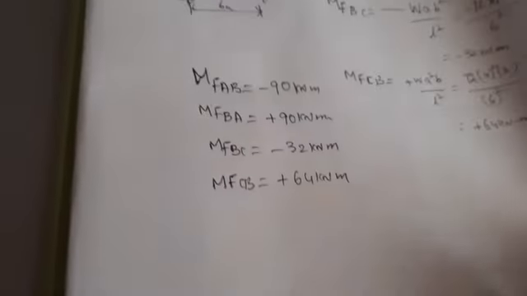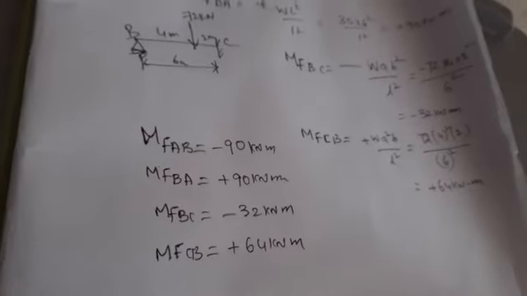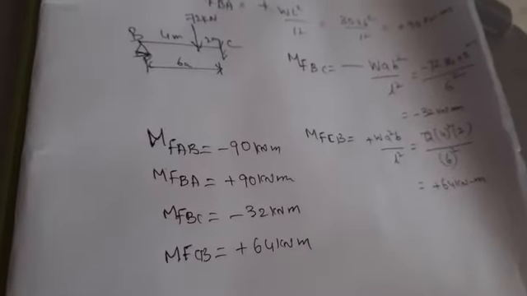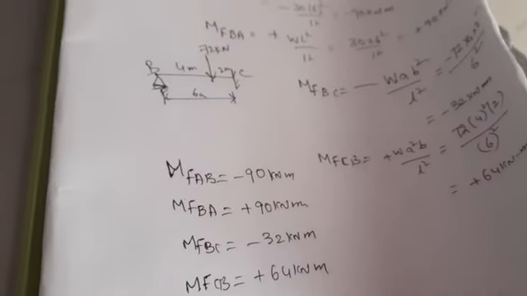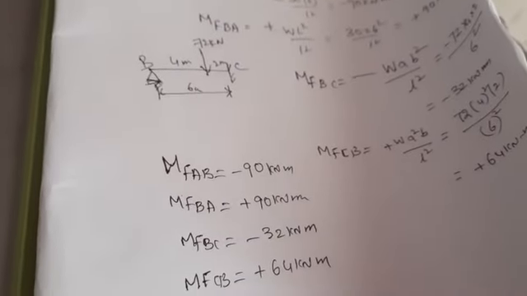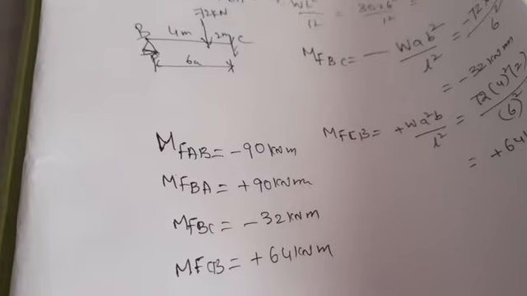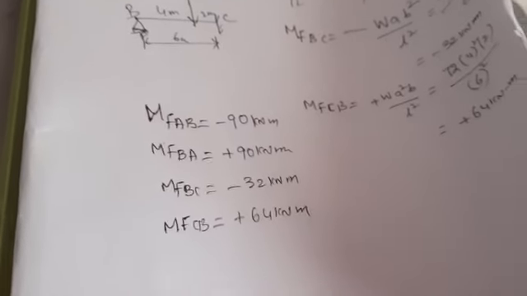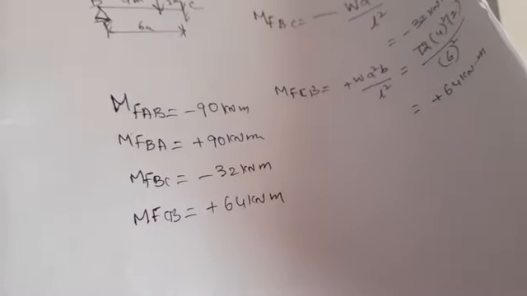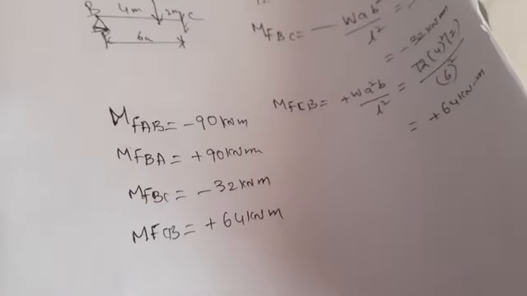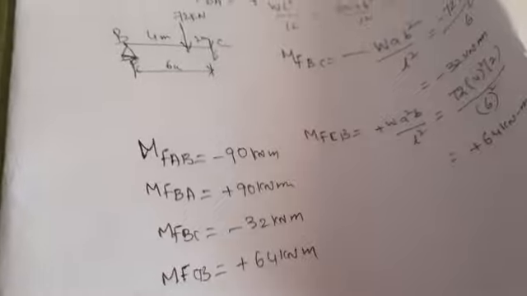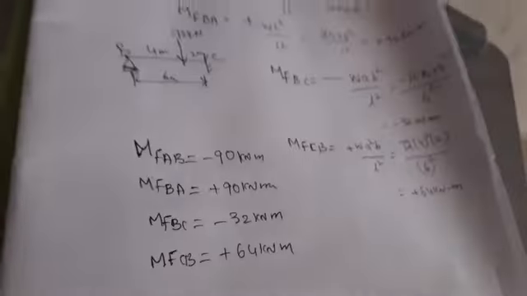Next, step 2. From step 2 onwards, the steps will change. For the slope deflection method, after fixed end moments, next we go for the bending moments, then the slope deflection equation, then the joint equilibrium conditions and final moments. But the main difference between slope deflection and moment distribution is that the slope deflection method gives approximate values.